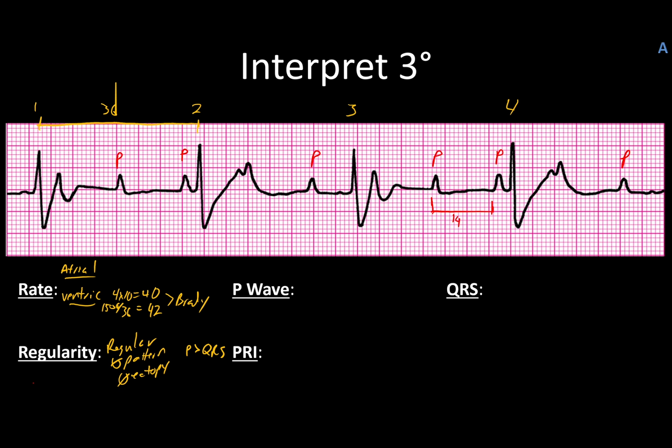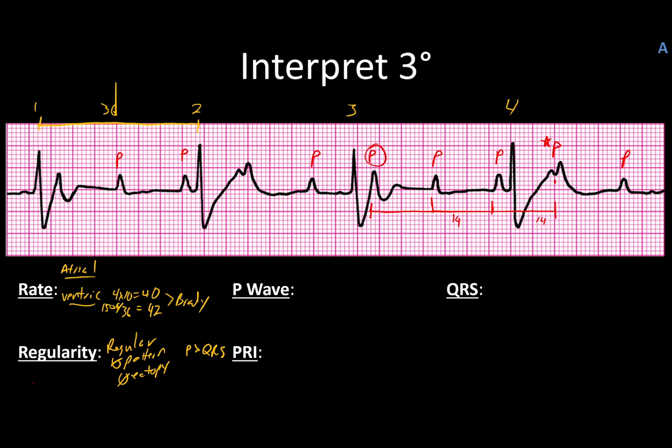So now if I measure backwards by 14, I should have a P wave hiding right here. And if I measure forward 14, that's the start of this one. So that's a P wave.